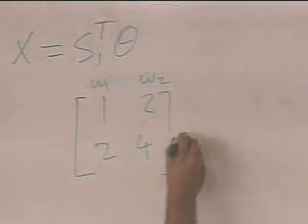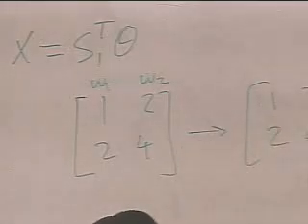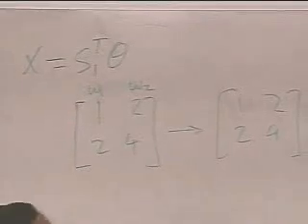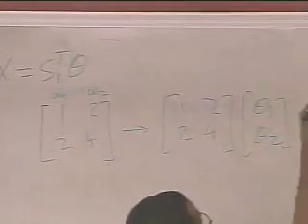Now, first we have to transpose this matrix. It would be 1, 2, 2, 4. Now you multiply it by theta 1, theta 2. You should make it equal to what that guy is asking you. Let's say 3 and 7.